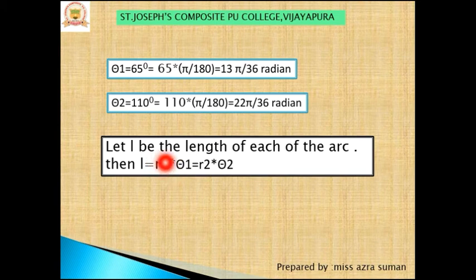Let L be the length of each of the arcs. L equals R1 into theta 1, which equals R2 into theta 2, because both circles have the same arc length.